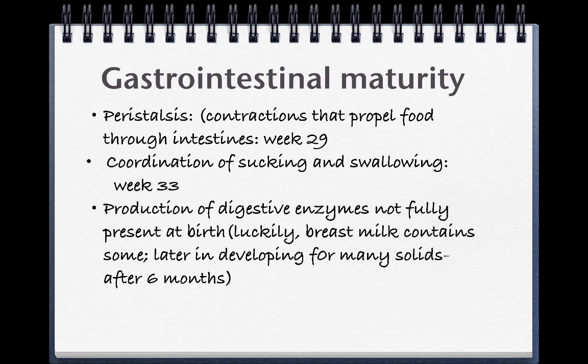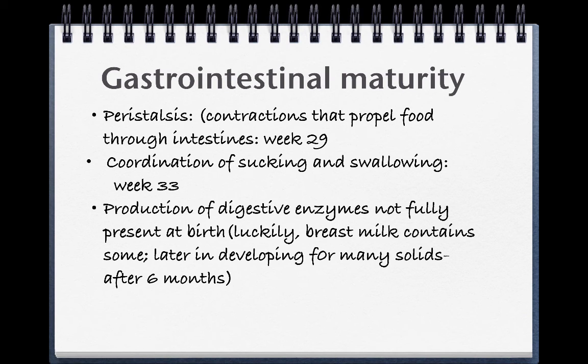A few special words, I guess, about gastrointestinal maturity, because we've talked about reflexes, we've talked about respiration and sucking. We haven't talked much about gastrointestinal maturity. We expect even very young infants, premature infants, to demonstrate some of the gastrointestinal developmental milestones that allow an infant to suck and swallow and digest correctly and successfully.